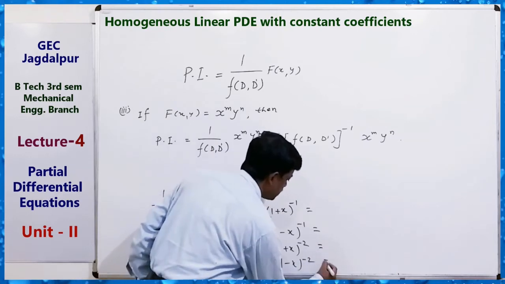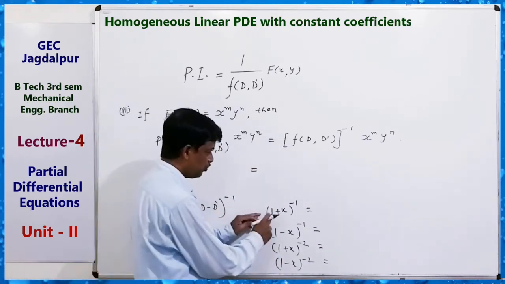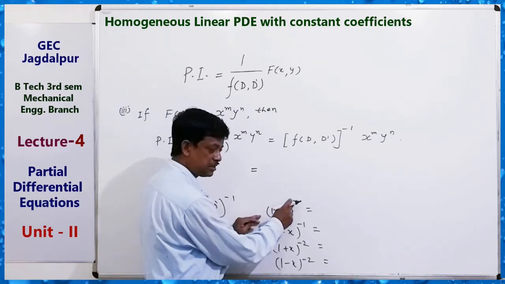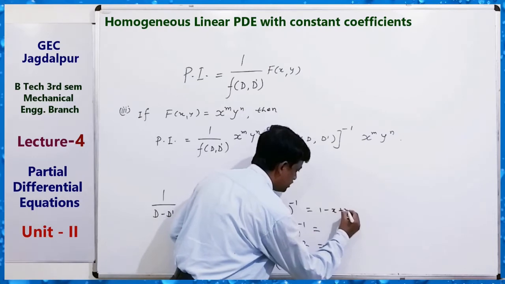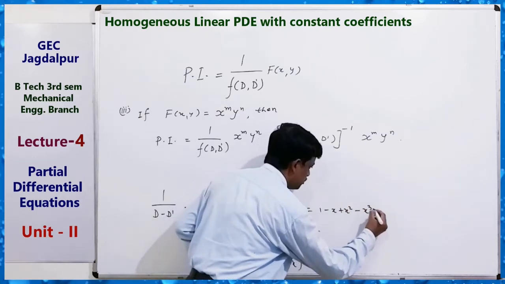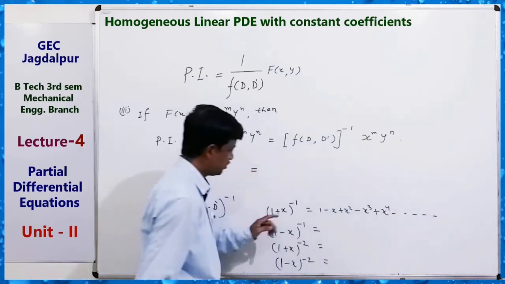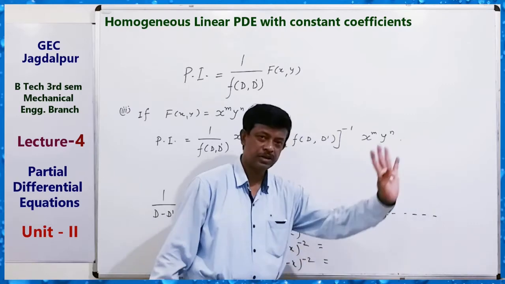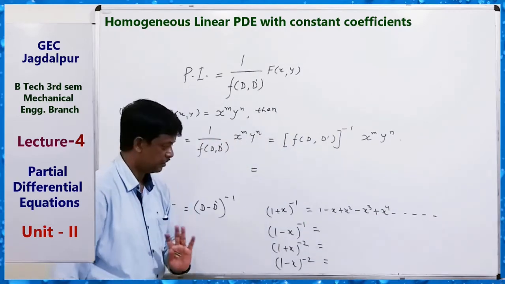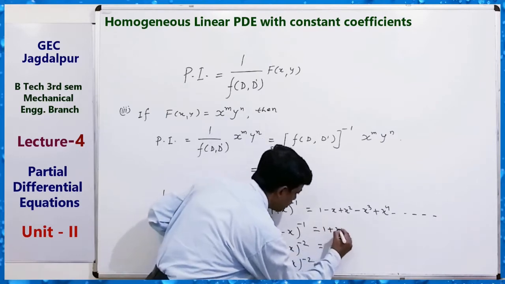By binomial expansion, its value we know. And remember, (1 plus x) power minus 1 is 1 minus x plus x square minus x cube plus x 4 minus and so on, plus minus plus minus. And here, for (1 minus x) power minus 1, all are plus sign.